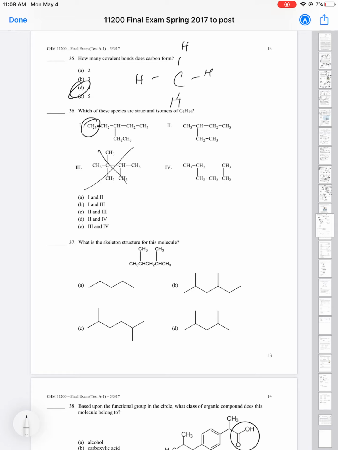This one has 6. And this one actually has 7 as well. None of these have double bonds, and all of these are going to have the same number of hydrogens. Basically these two are going to have the same number of hydrogens because there are no double bonds. So we'll go with 2 and 4.